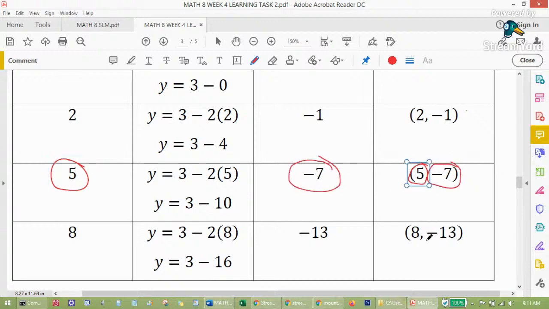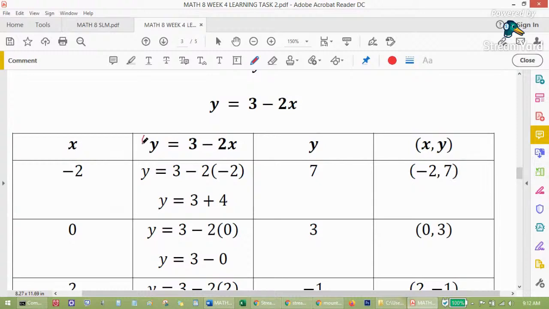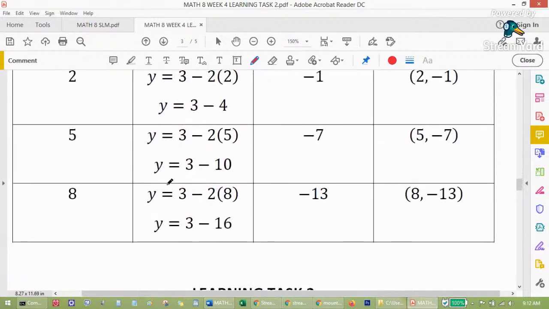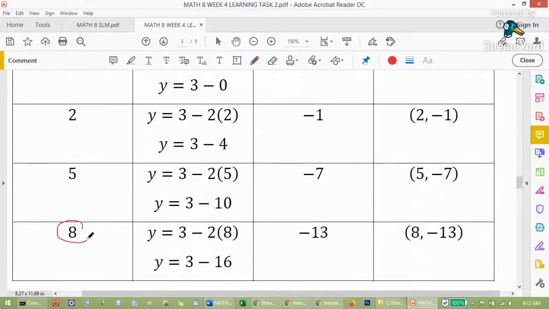Okay, and last, 8. X is 8. Kopyahin lang natin simula doon hanggang doon. Okay. Y is equal to 3 times 2. And then itong x natin, papalitan natin ang value ng x, 8.